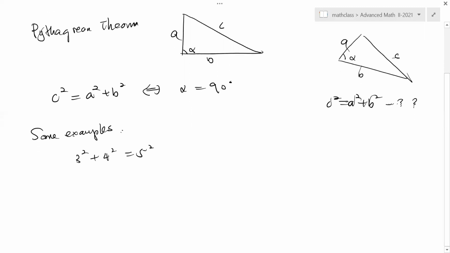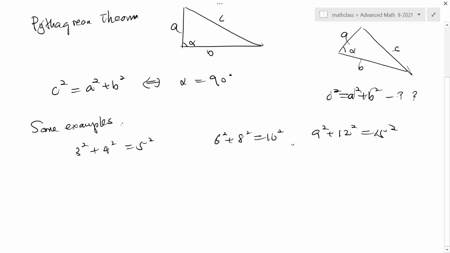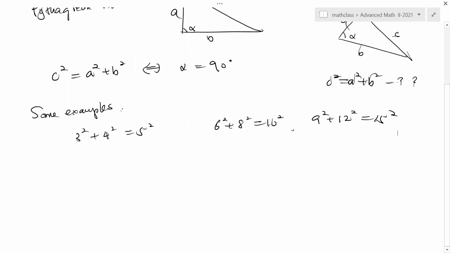If I double it, I also get 6 squared plus 8 squared equals 10 squared. Or if you triple it, 9 squared plus 12 squared equals 15 squared. Essentially, those are the same relationship. You just double the triangle, triple the triangle.